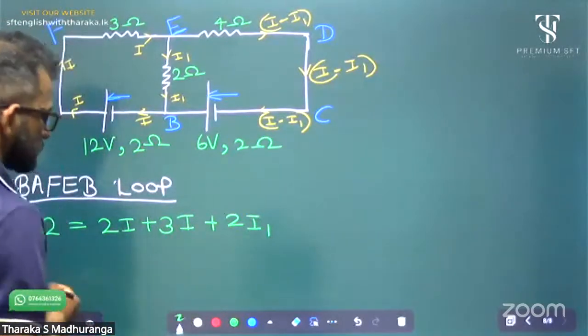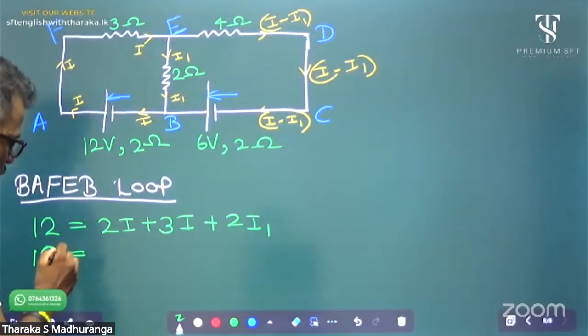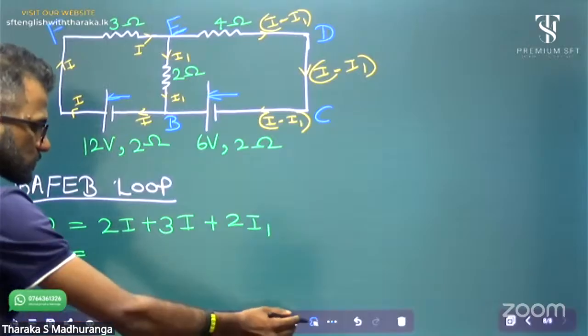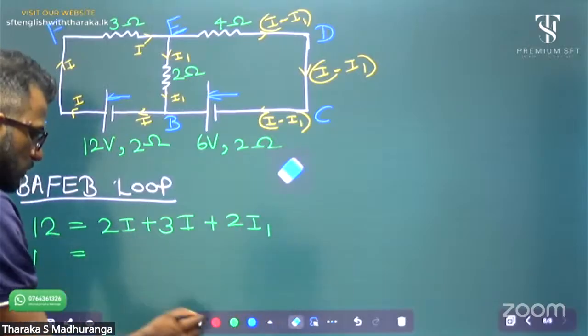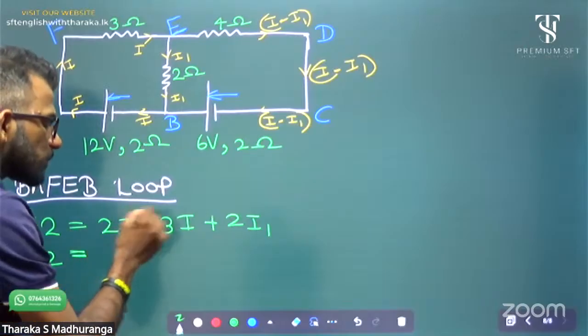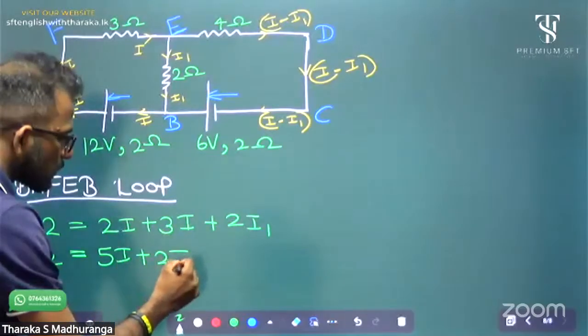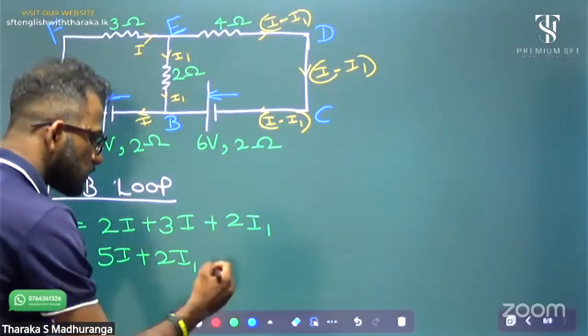Okay. Now 12 equals 2I plus 3I, 5I plus 2I1. This is my first equation.